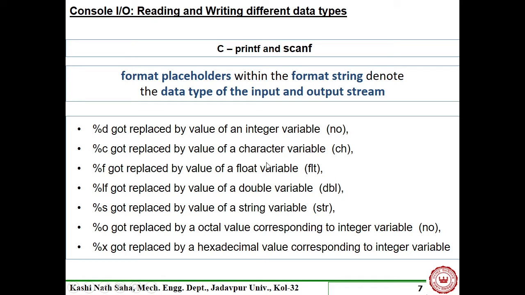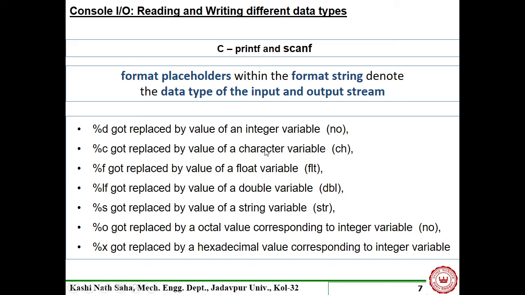Percent f means this is a floating point number, float value. This is percent lf, it is not f. lf stands for long float. What is long float? It is double.